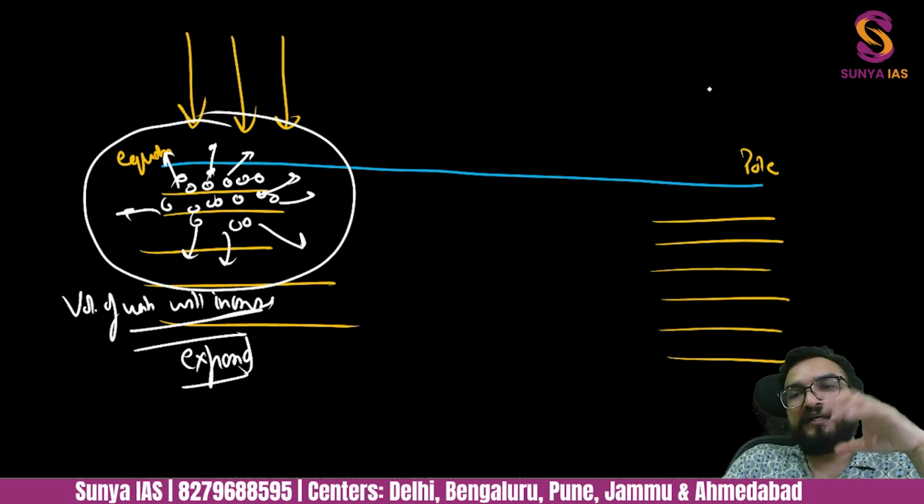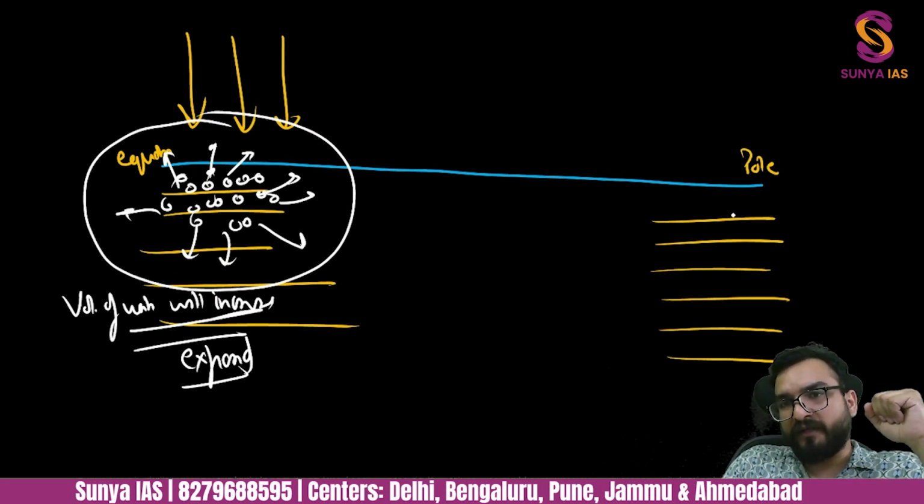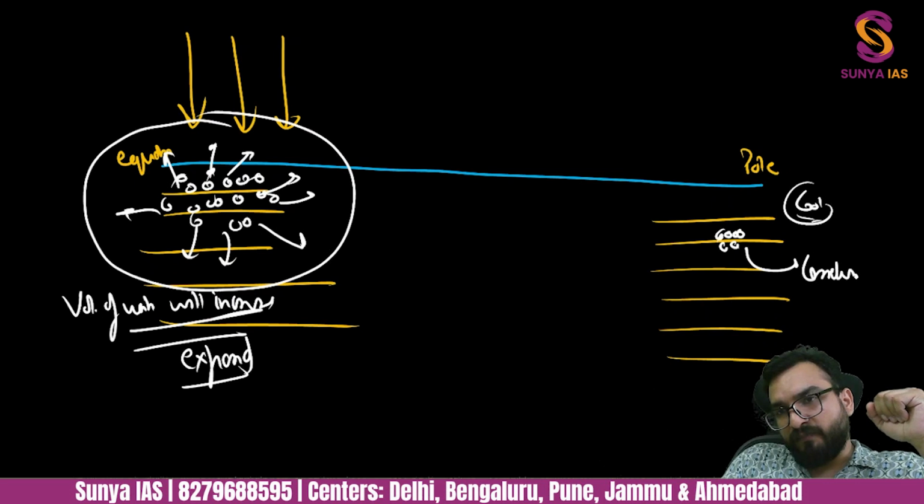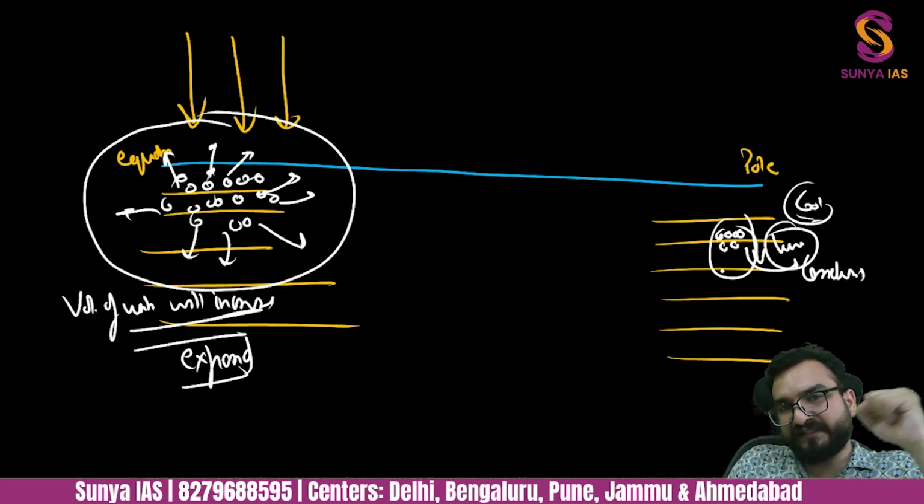Whereas at the pole, there is not that much temperature. Basically very less temperature you are getting over there. So what will happen? There will be cooler temperatures over here, so water molecules will try to condense. Because of condensation, they will be at a lower level, consuming less space.